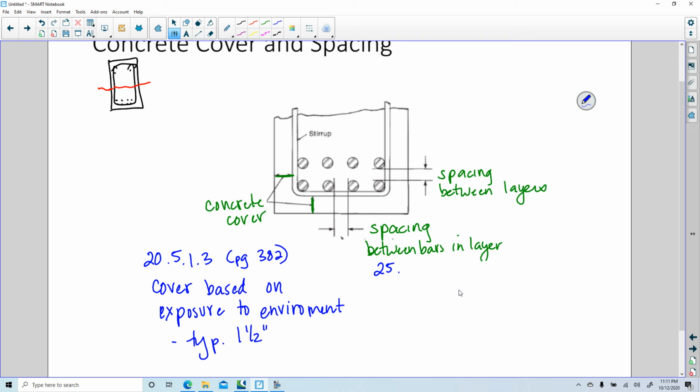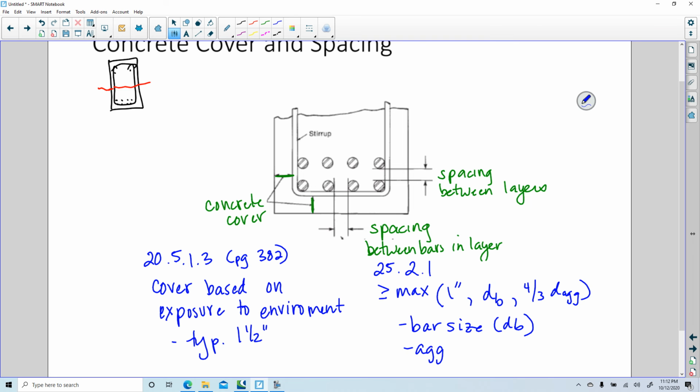I have a tab that says beams longitudinal reinforcement. So 25.2.1: greater than or equal to the maximum of 1 inch, the bar diameter, and 4/3 times the diameter of the aggregate. So it's bar size and aggregate size.